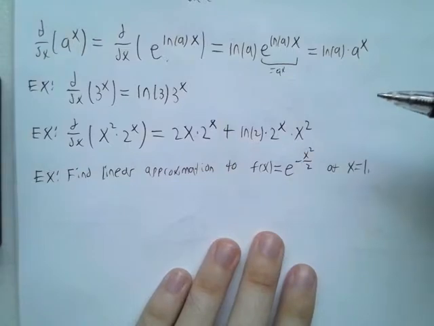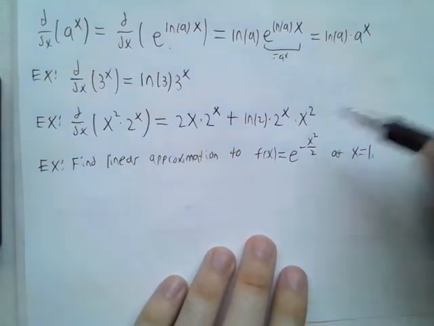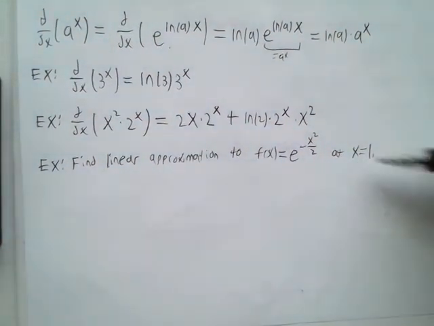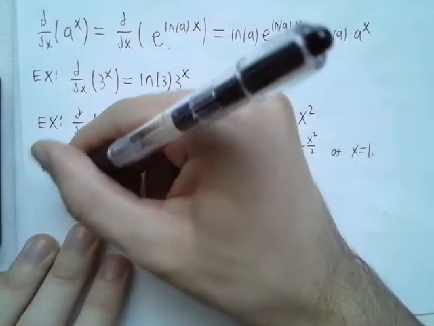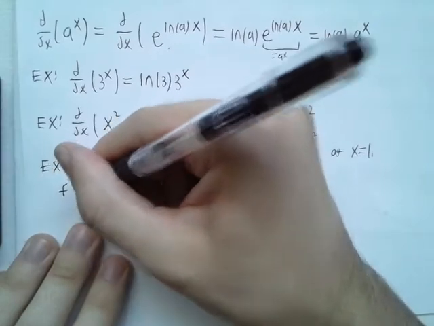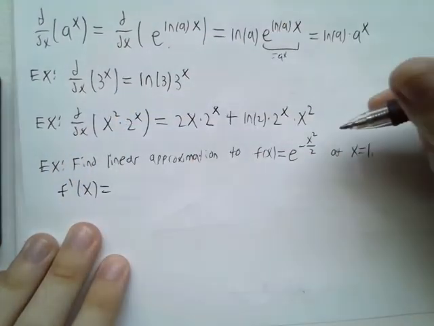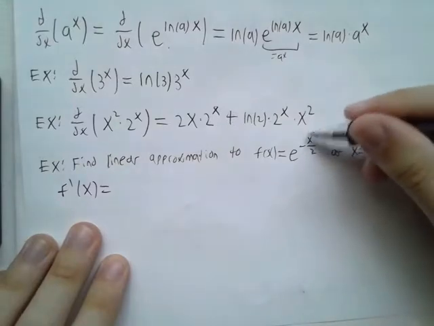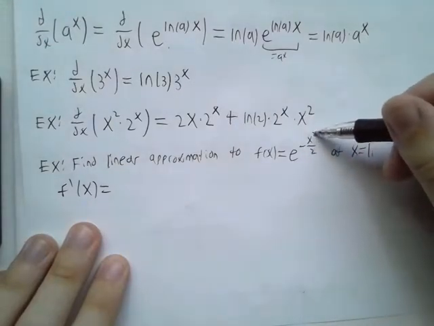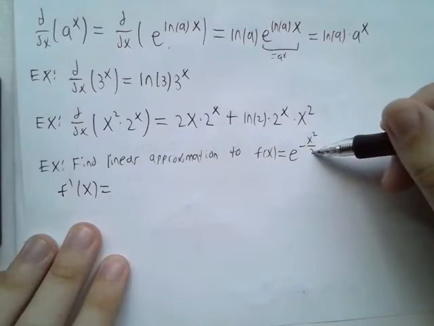So let's see if we can approximate this by a line near x equals 1. So we have to first find the slope of the tangent line. So f prime of x will be equal to, by the chain rule, the derivative of this function in the exponent is negative 2x divided by 2. The 2's cancel, and we just get negative x.